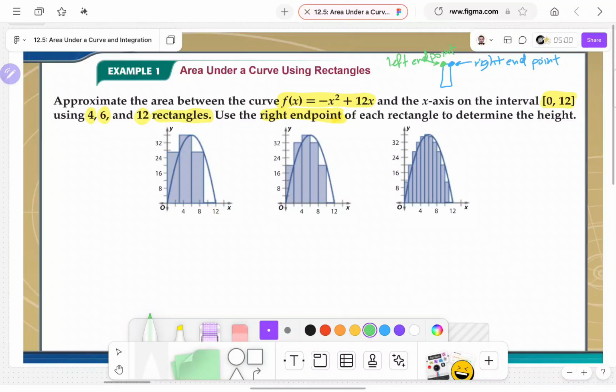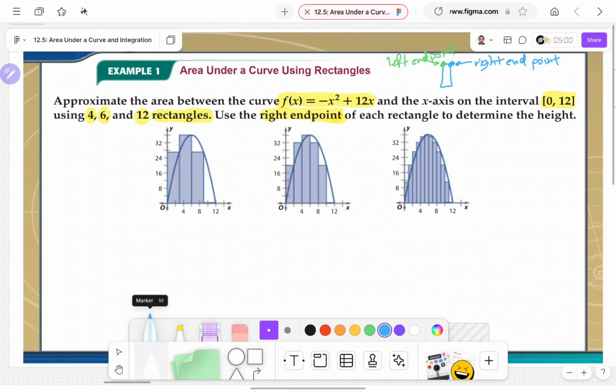So the question asked me to draw the rectangles with the right endpoint. Right endpoint means that every rectangle touches the curve from its right endpoint. Look at this rectangle, it's touching the curve at the right endpoint. Also here, it's touching the curve at the right endpoint. Same thing here. So every time, each rectangle touches the curve at its right endpoint.